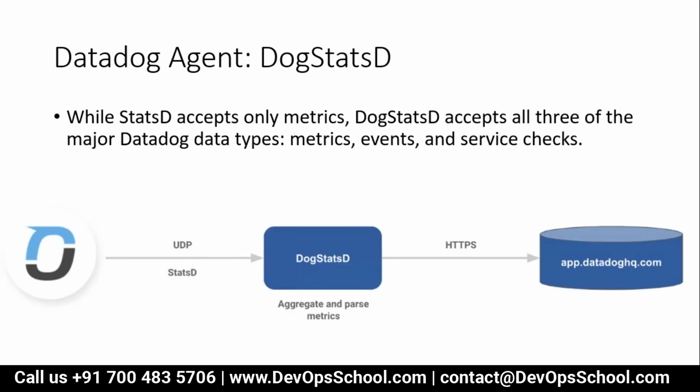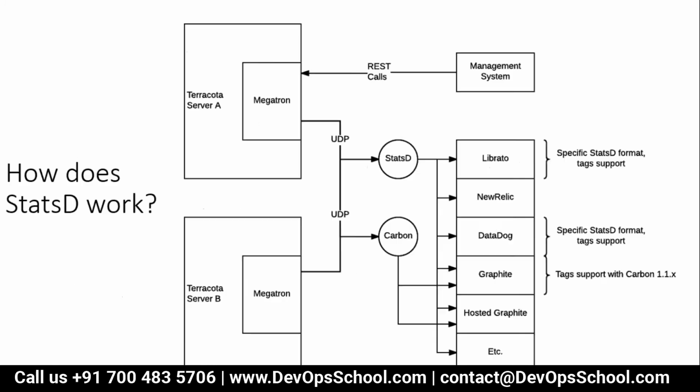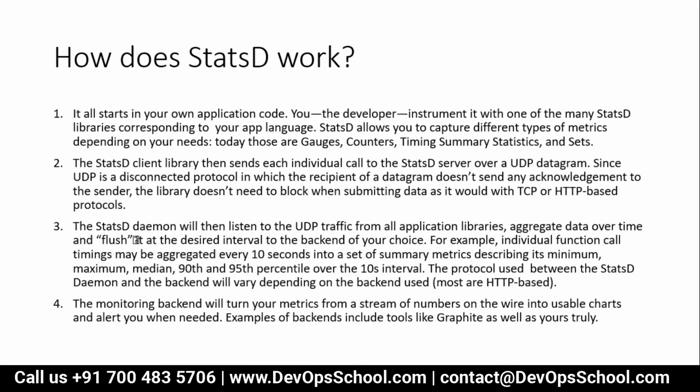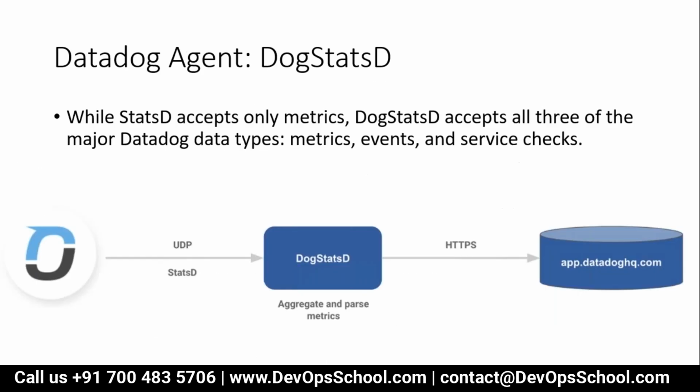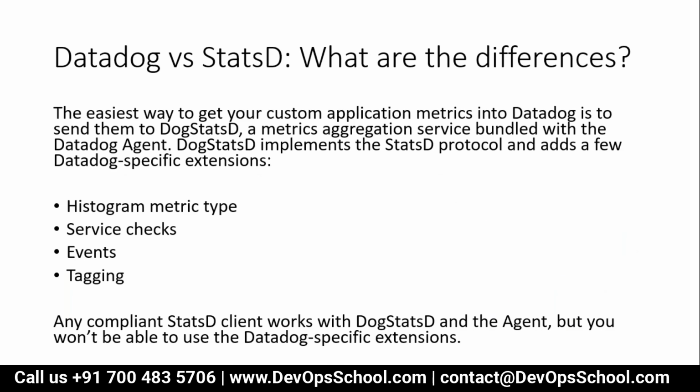See here: gauges, counters, timing summary statistics, and sets. So StatsD sends 4 types of data, but DogStatsD sends those plus additional data to the forwarder: histogram metrics also, service checks also, events also, and tags also are sent to the forwarder. So that's the advantage of DogStatsD over StatsD. Got it? Yes.